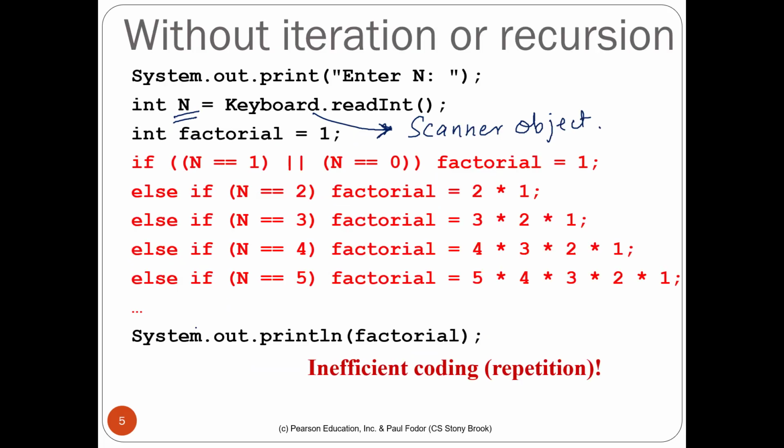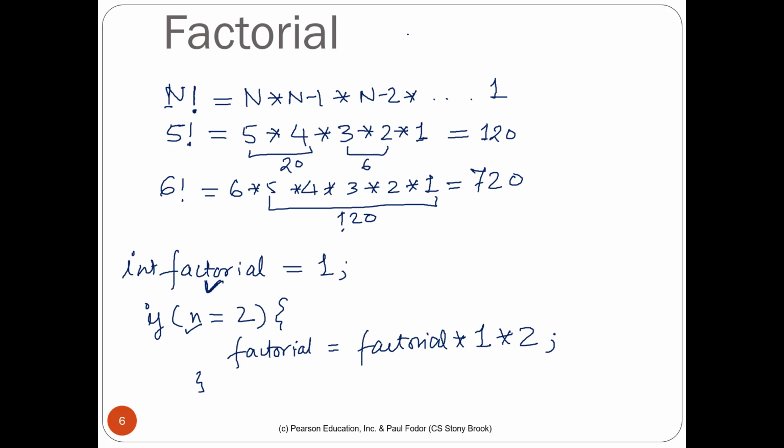So the same thing we are doing here. So how do we solve this? Well, let's take the case where n is equal to 0 or n is equal to 1. In the factorial definition which I have here, we have 0 factorial as 1, and 1 factorial is also 1.